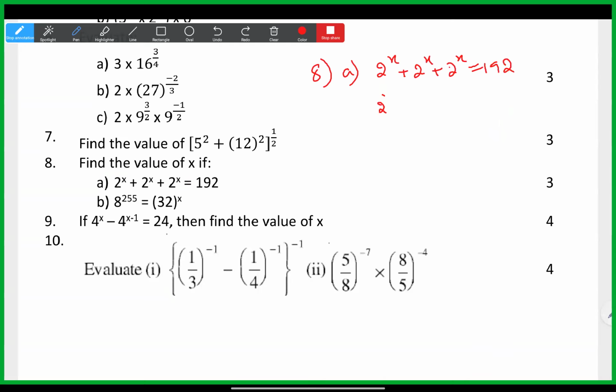This is the same as how we took 4 power x common before. You remember? Like that, on the LHS you can take 2 power x common in all of this. So 2 power x, if I take common, what should I write? 1, because if you multiply it back, you should get this only.